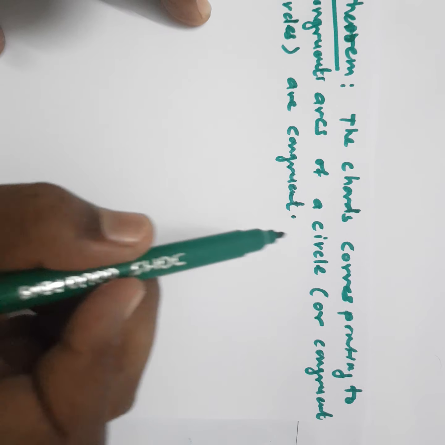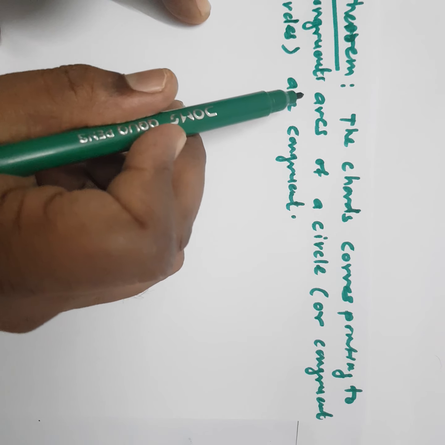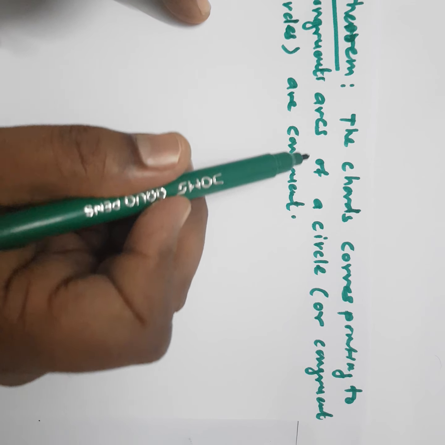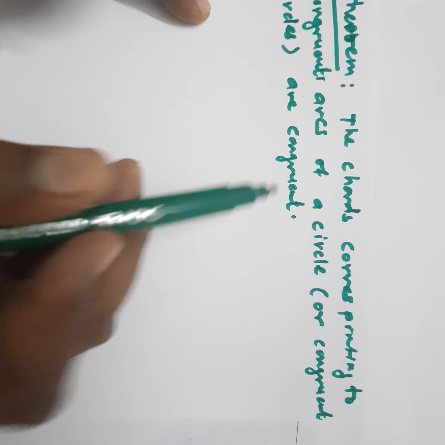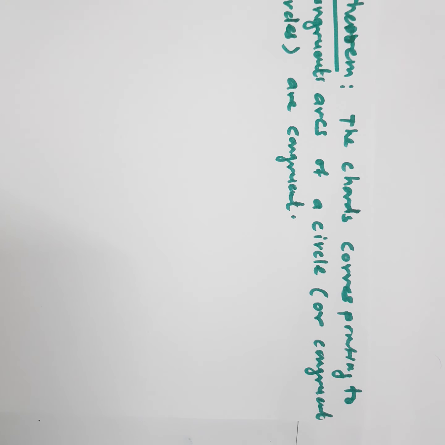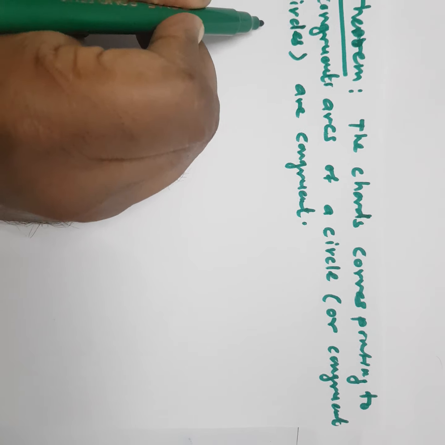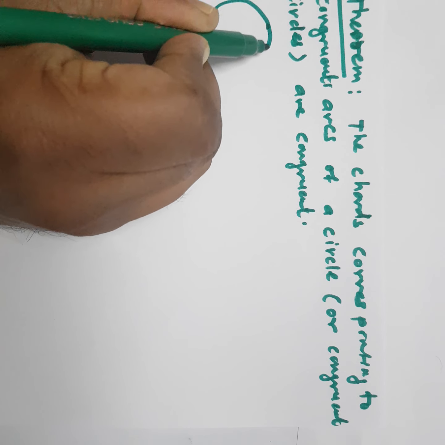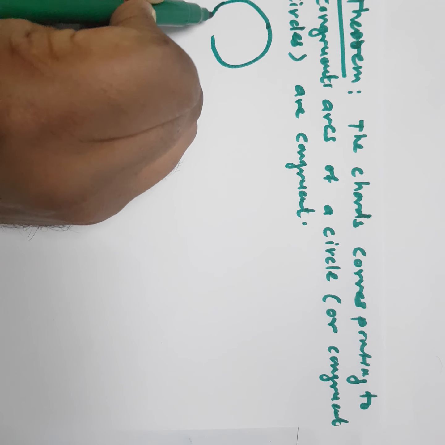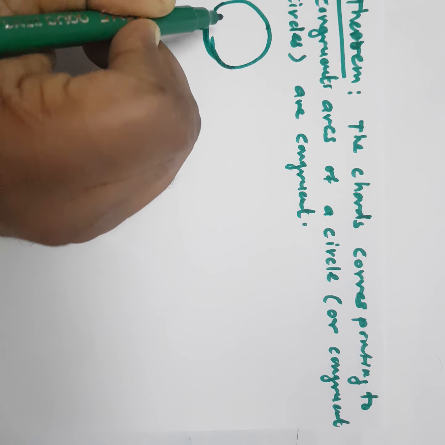What is the statement? The chords corresponding to the congruent arcs of a circle are congruent. Here we will consider only one circle, not two congruent circles.